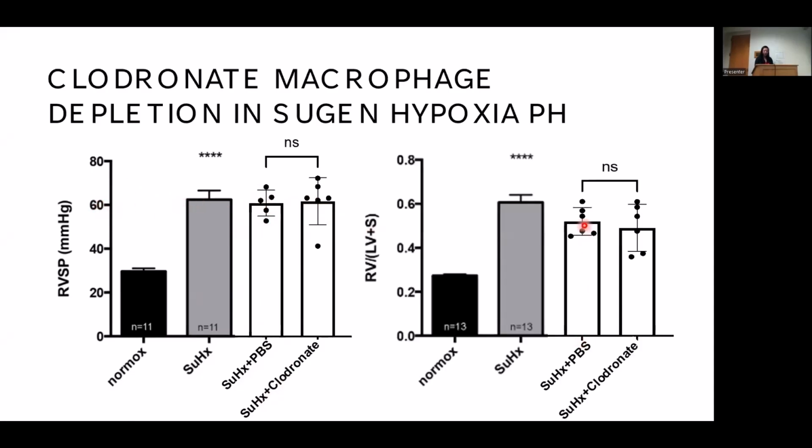Both of these populations also developed pretty severe right ventricular hypertrophy and elevated Fulton index, which is unchanged compared to what we know as the control condition of just Sugen hypoxia without any clodronate or PBS liposome treatment.